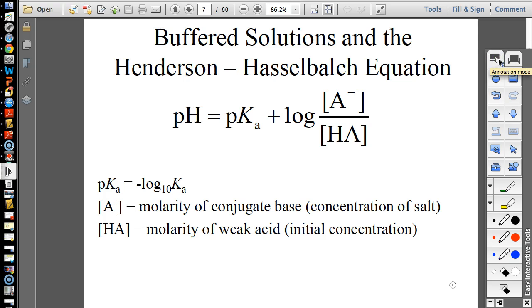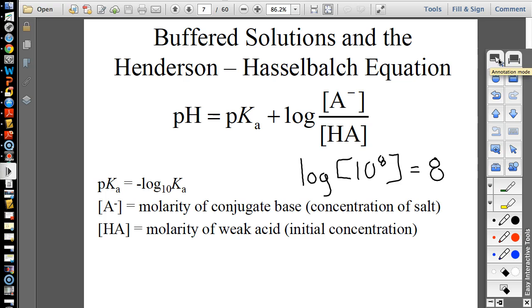So logs, right? Like the log of 10 to the 8th, that's 8, right? Basically when you take a log of something, you bring the exponent of the 10 down, and then it's a real number.